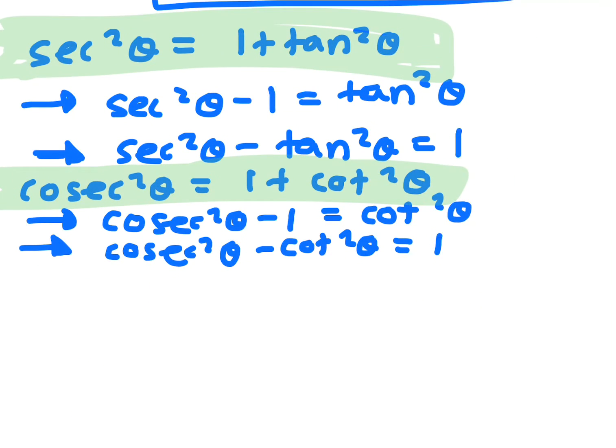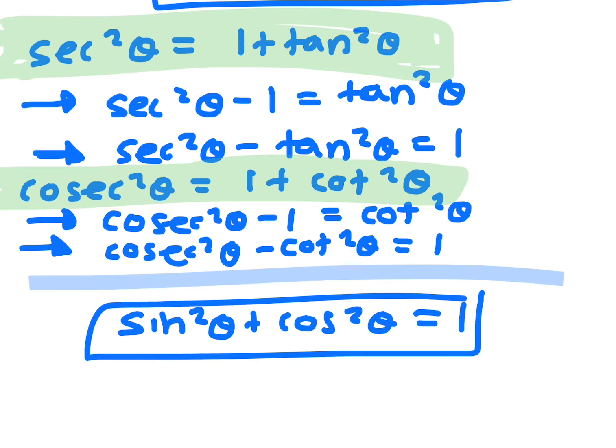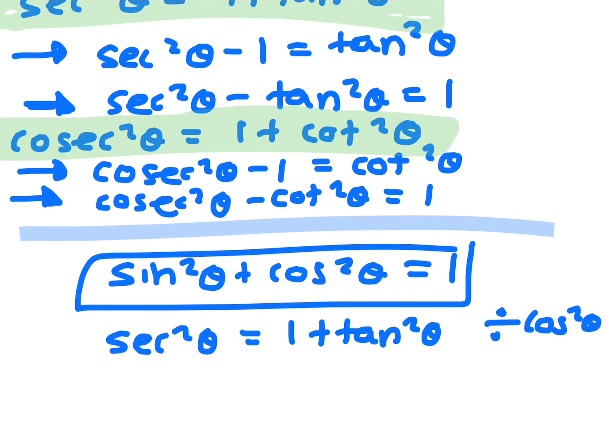Now from this, you can try and think of ways to actually remember it. If you've got your original one, sine squared theta plus cos squared theta equals 1, which is on your formula sheet, and you want sec squared theta equals 1 plus tan squared theta, you can either learn it off by heart, or you can just divide everything by cos squared theta.